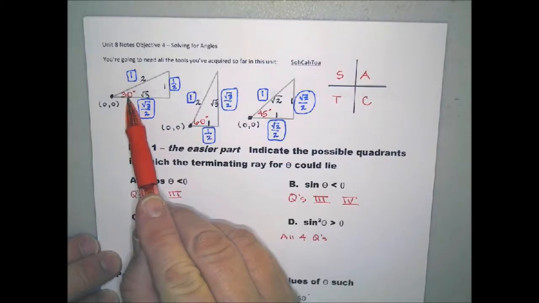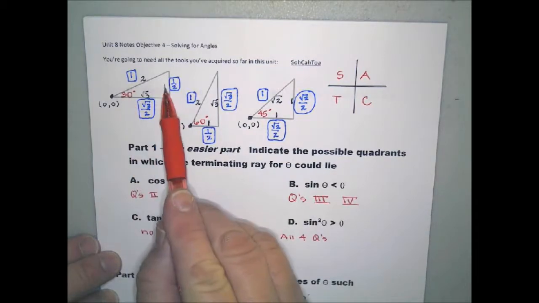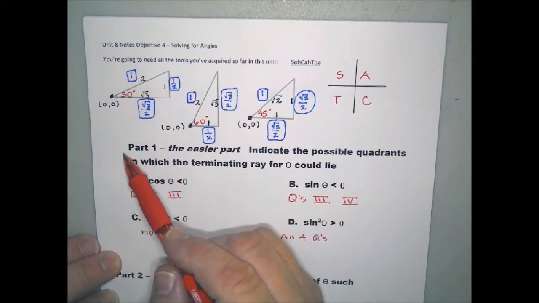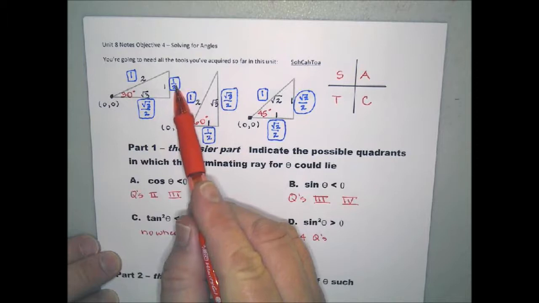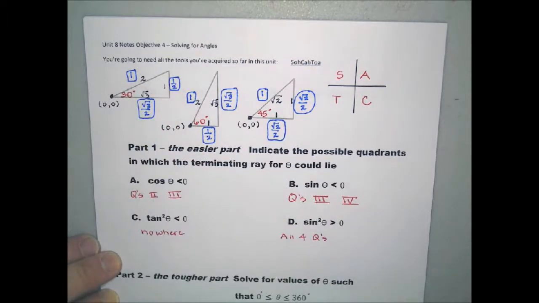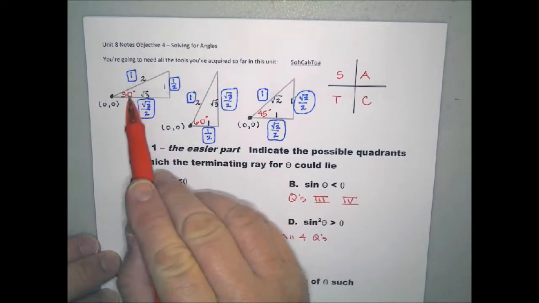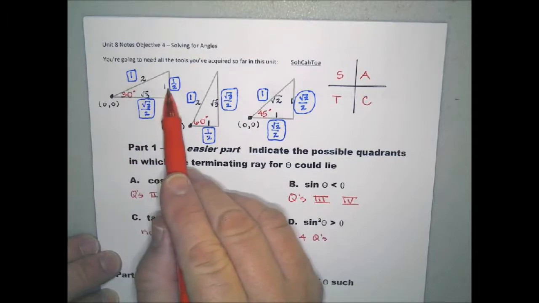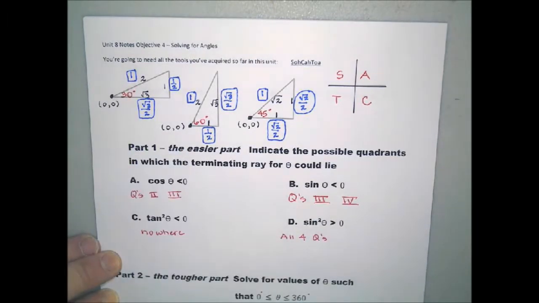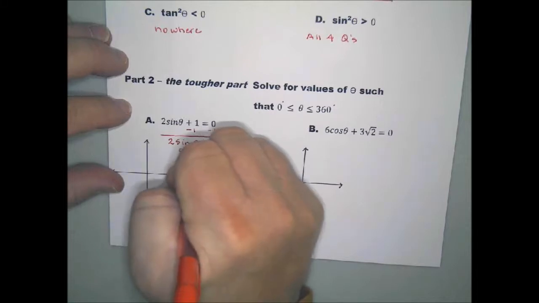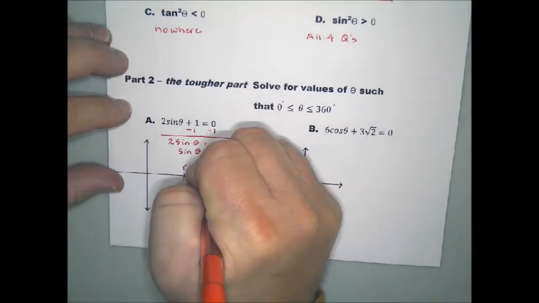Because if you use the black numbers, sine is opposite over hypotenuse, and there's your 1/2. If you use the blue numbers, it's 1/2 over 1, which is still 1/2. So the numbers don't change. So it's definitely a 30-degree angle that has a sine value of 1/2. Now what that tells us is the reference angle is 30 degrees. So that's the next thing we jot down right here. The reference angle is 30 degrees.